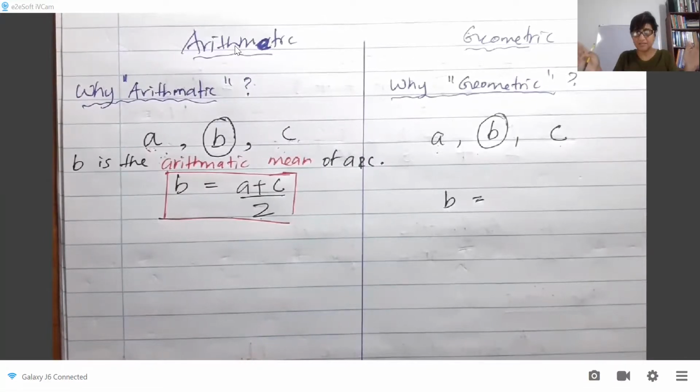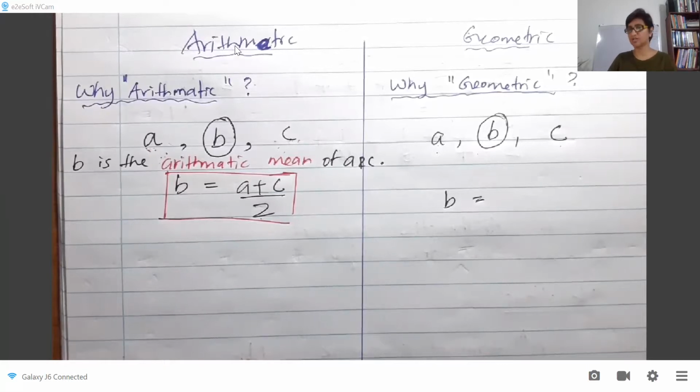If you add 5 numbers, you add all 5 and divide by 5. That is the arithmetic mean. To find the geometric mean of 2 numbers, you multiply them and take the square root of that. For 3 numbers, you multiply all 3 together and take the cube root.